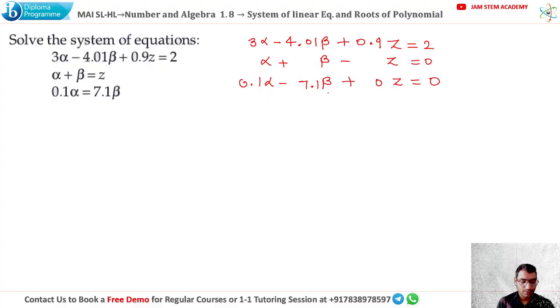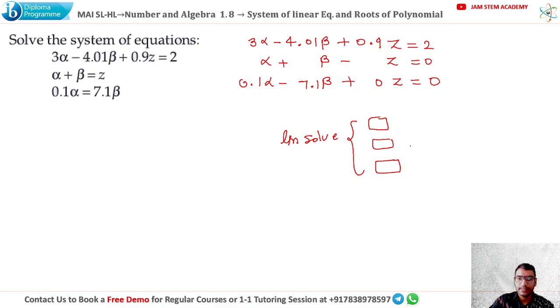Now it will show you the linear solver and gives you 3 blank spaces to enter the equations, and you will get the x, y, z values. Alpha I'm taking x, beta I'm taking y, z is as it is.